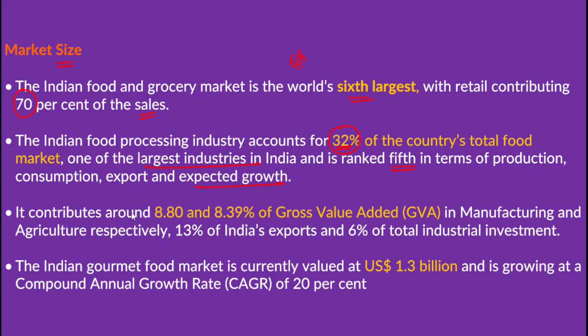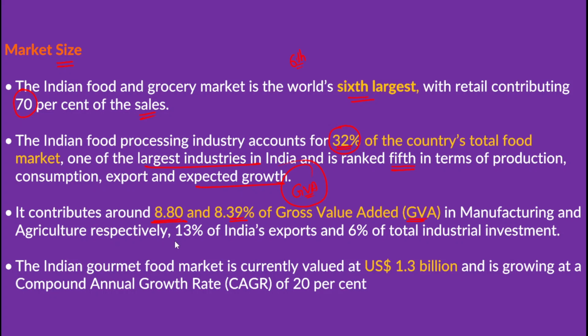After that, the food processing industry has been contributing up to 8.80 or 8.39 of gross value added of total manufacturing products. So for the manufacturing products there is a gross value added, and the food processing sector alone has been contributing around 8.80 to 8.39 gross value added, particularly from the agriculture sector.